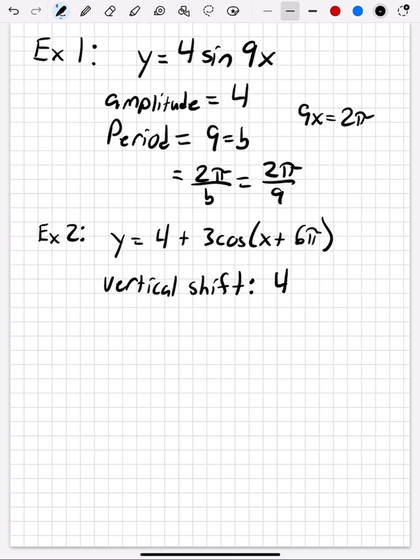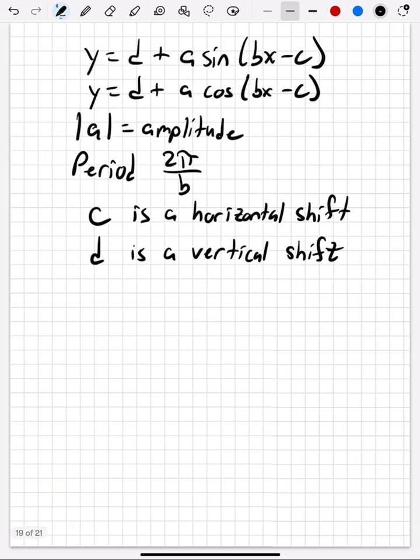The horizontal shift, however, we have to think about for a moment. Looking at the generic form, we have minus c. Minus c actually moves us to the right because c would be positive. So in the generic form, it's minus a positive c.